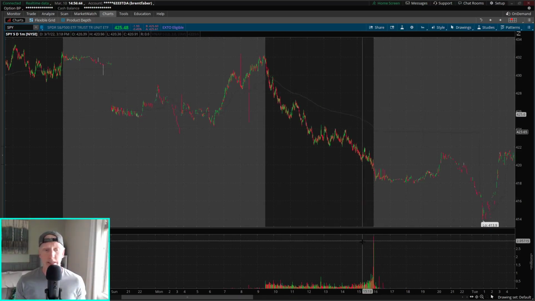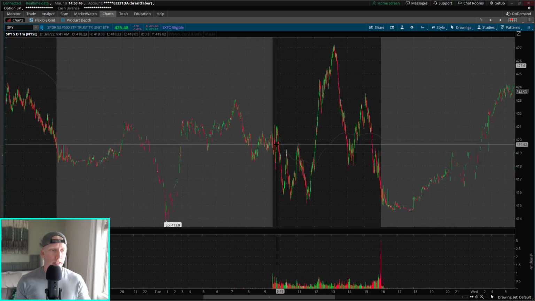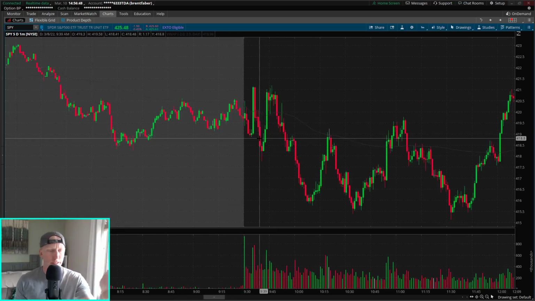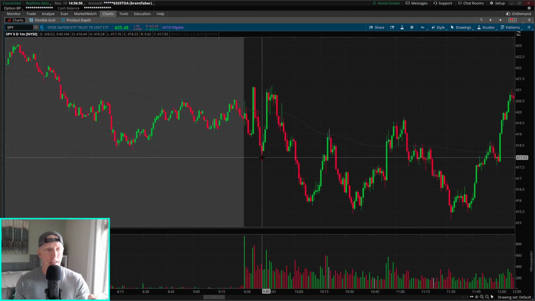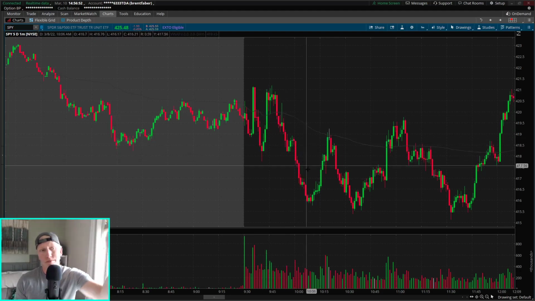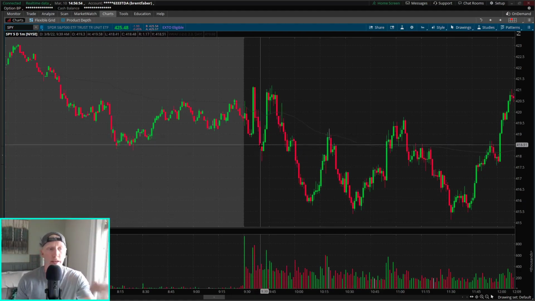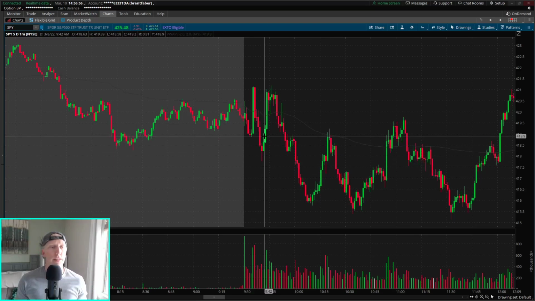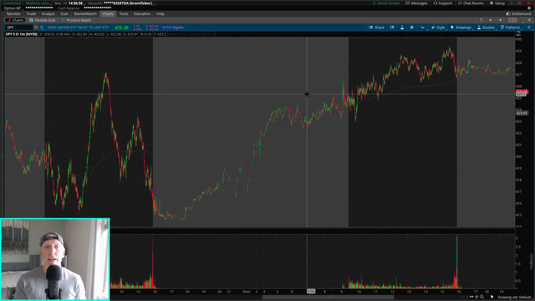So should it come against me like it did on Tuesday, I think I did a similar type of thing. I was setting it short, I think, if I remember correctly, as it was breaking here. And sure enough, as it has a sharp V but eventually ends up continuing on against me, I'm still break even on that trade. So it's that setup, just for that educational experience of trying to understand the trend and directional types of days on the overall market of the S&P 500.